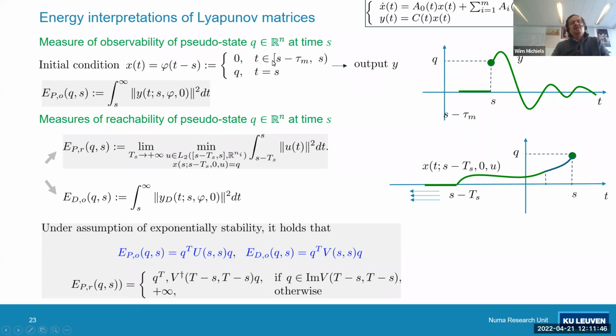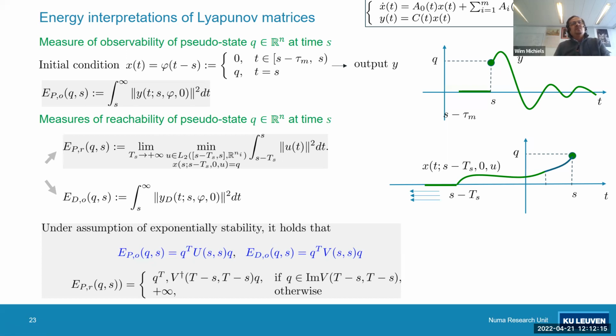So now take a state variable Q in R^n, and you want to determine how important that direction Q is. I call it a pseudo state. Why? Because as I explained before, the actual state is a function consisting of a head and a tail, so we have some type of inconsistency. And therefore, I modify my definition a bit.